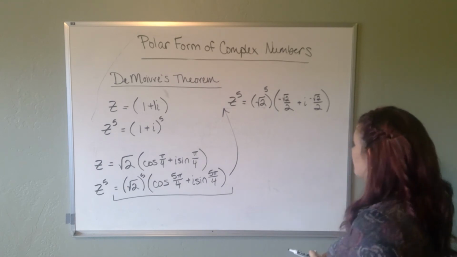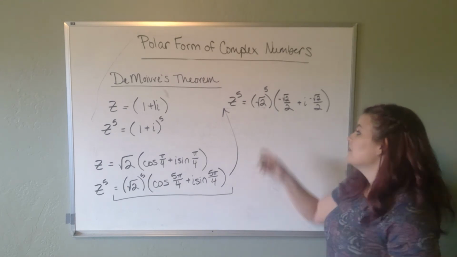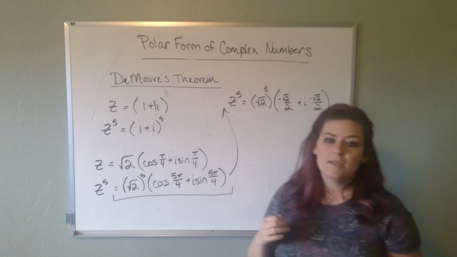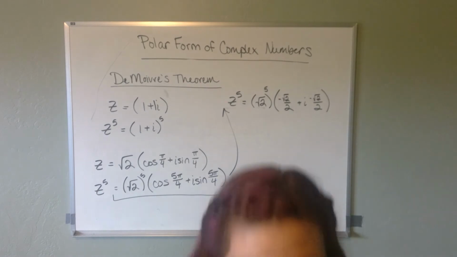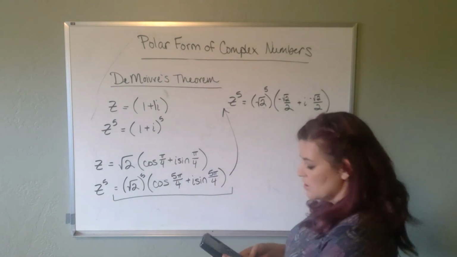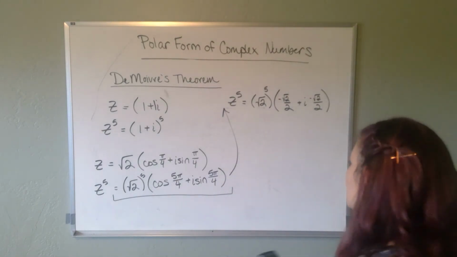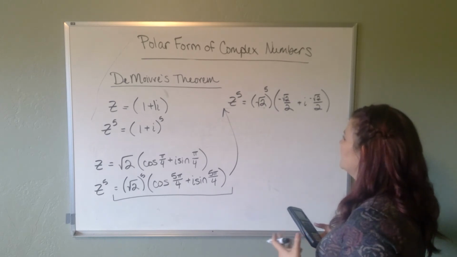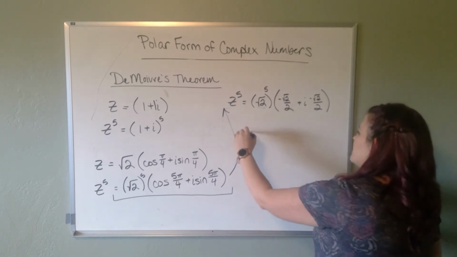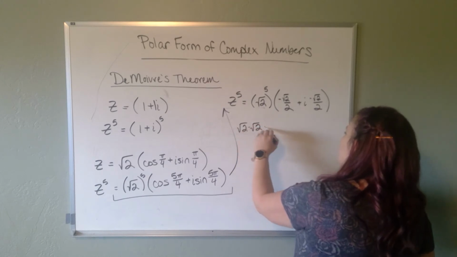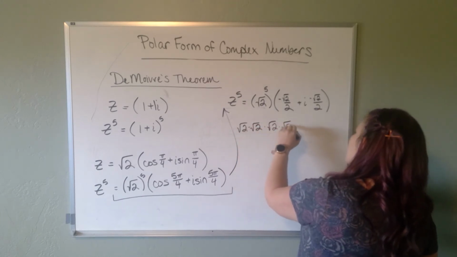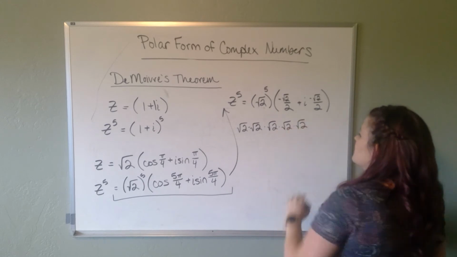Okay, so we're really almost done. We need to take care of r. If you have trouble taking roots to powers, you can always stick it in your calculator. You could write square root of 2 5 times and see what you end up with.